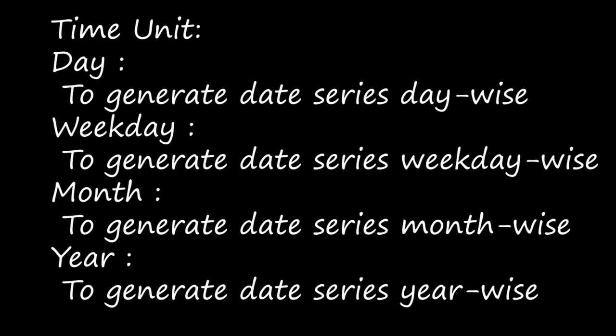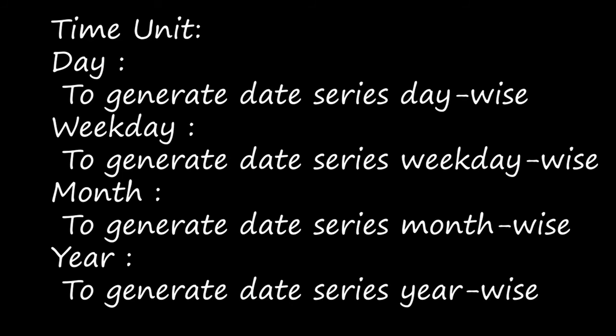It is enabled only when you select the series type as date. Day means to generate the date series day wise. Weekday means to generate the date series weekday wise. Month means to generate the date series month wise. Year is to generate the date series year wise.